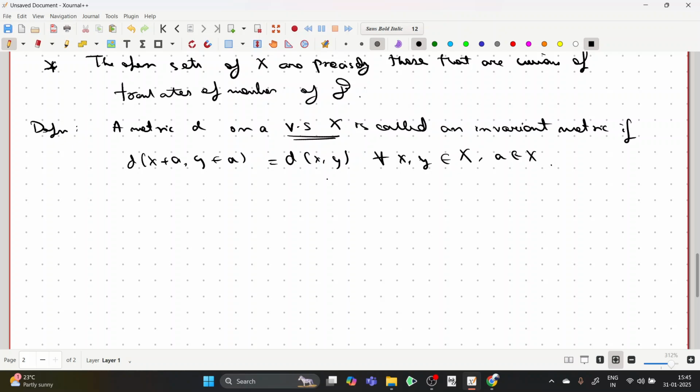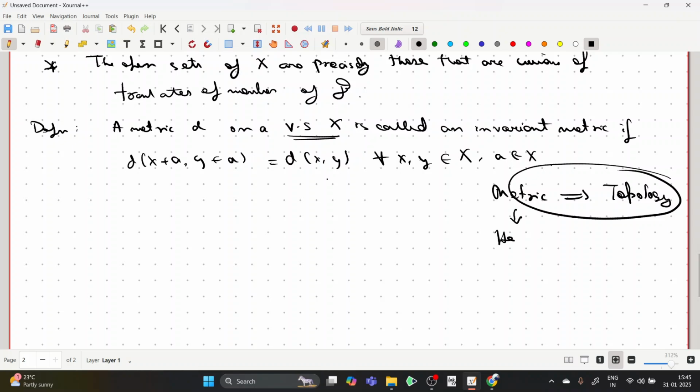Now why do we require a vector space? Because whenever you have a metric, you can induce a topology using this metric. Metrics are ordinarily Hausdorff, and in a metric space you can talk about closedness of singletons.